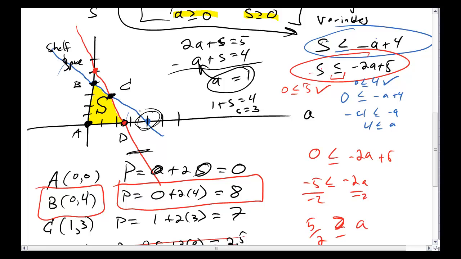She would not have been able to fill up all of her shelf space with the avians. That was never going to be possible for her because of her restrictions. But that's okay, because the avians weren't the popular item. They weren't the ones that had the most profit for her. So she was able to hit that better point right here.